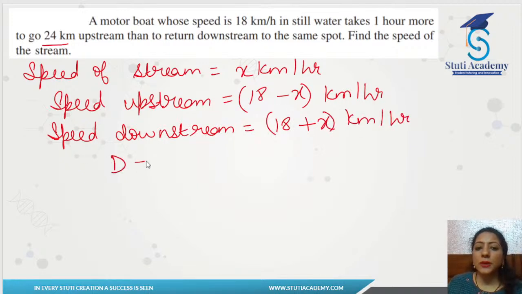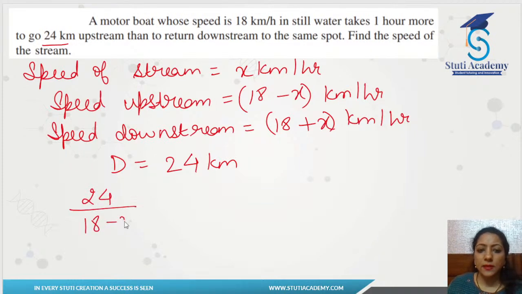Now the distance to be covered is 24 kilometer. Now the time taken upstream would be distance upon speed, that is 24 upon 18 minus x. And the time taken downstream would be again distance upon speed, that is 24 upon 18 plus x.